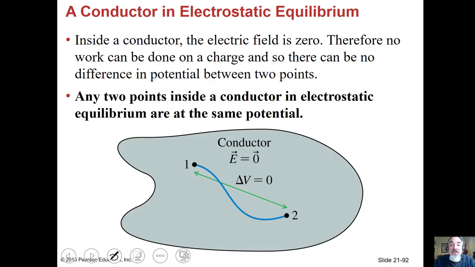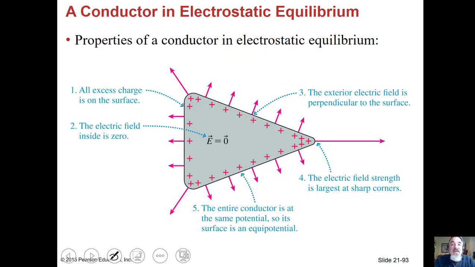Not yet, though. Okay, so inside a conductor, the electric field is 0, therefore no work can be done on a charge, and you could easily move it around. There's no voltage. Charges could easily move around. But excess charges, though, are on the surface, just like this picture shows.